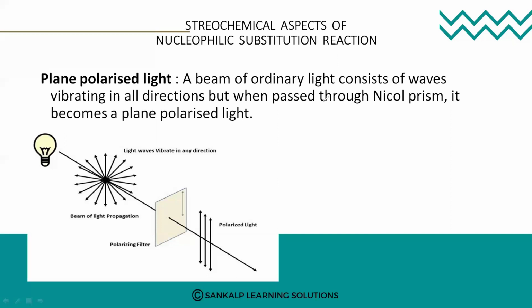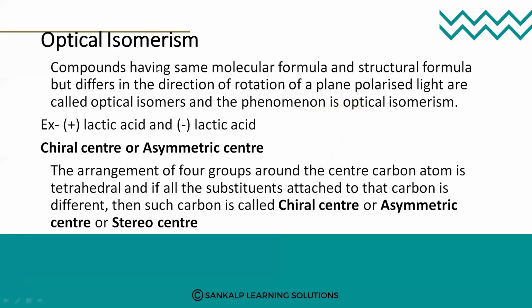So we have seen what is plane polarized light, then we have discussed what is optical activity, and then what is dextrorotatory and what is levorotatory. Next we are going to study optical isomerism.